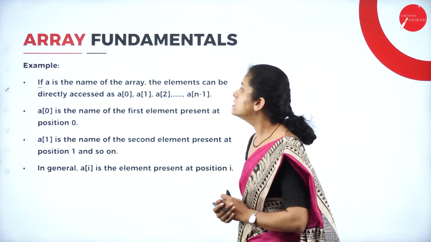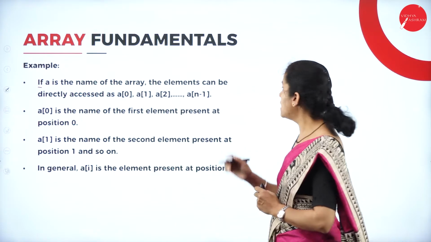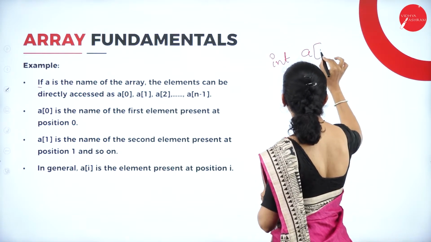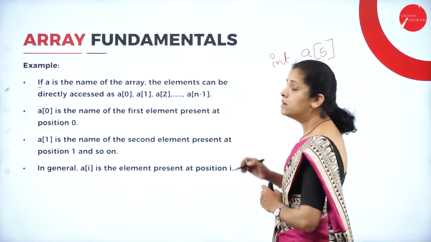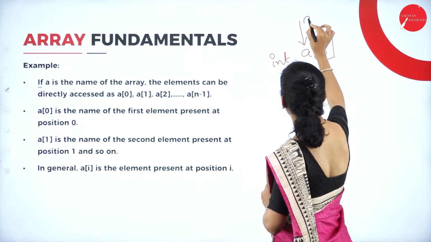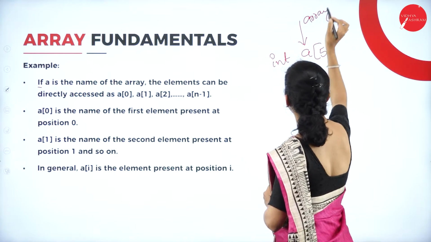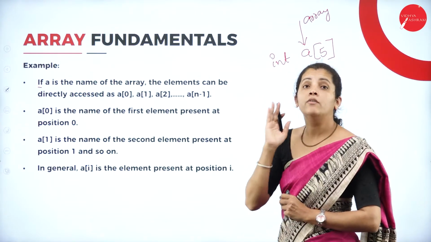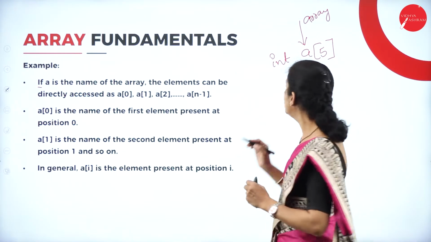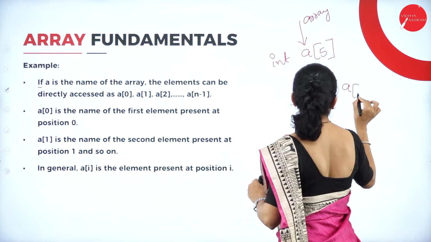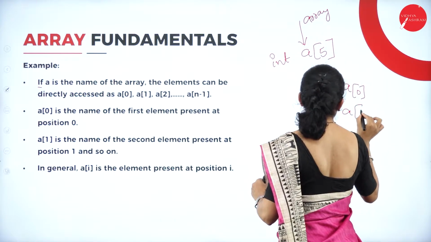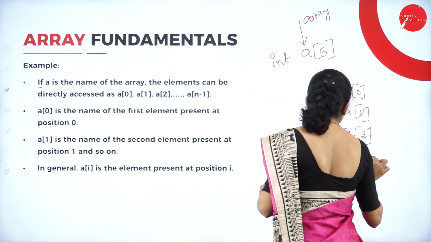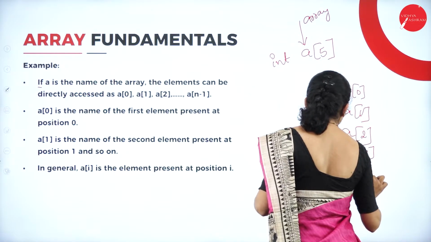If A is the name of the array, for example, if I write int A of 5, here A is nothing but the array name, and it is capable of holding 5 elements, and the range starts from A of 0, A of 1, A of 2, A of 3, and A of 4.